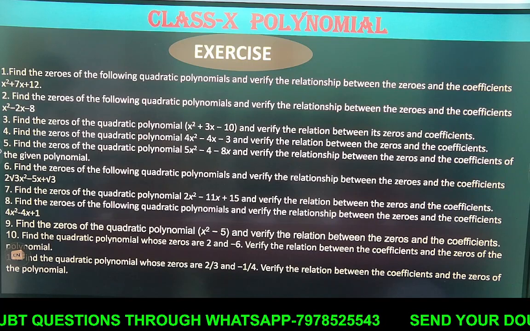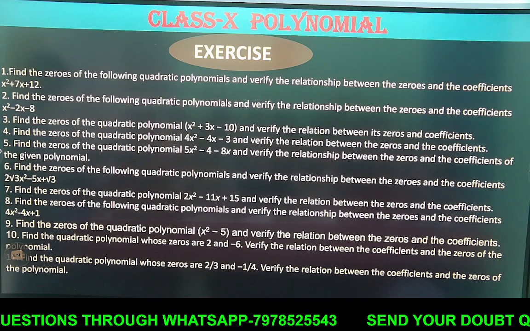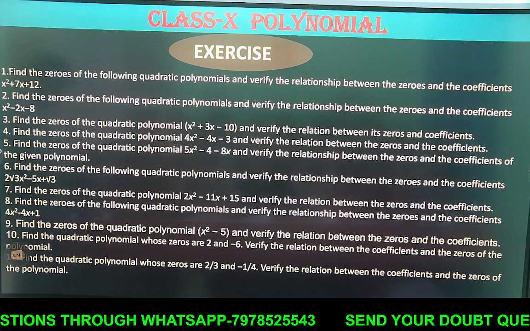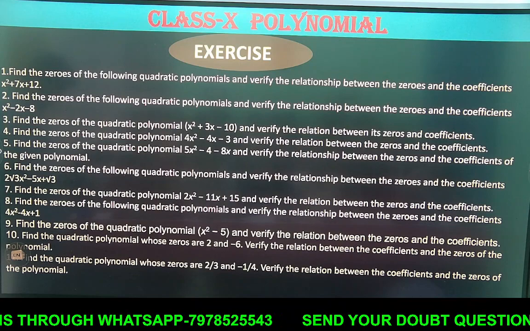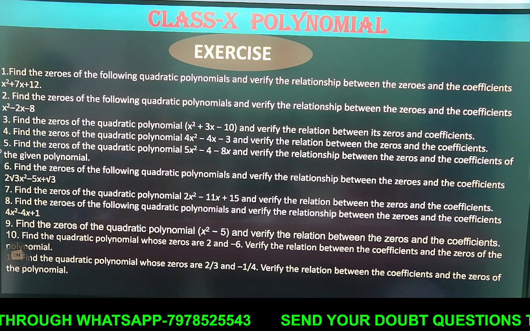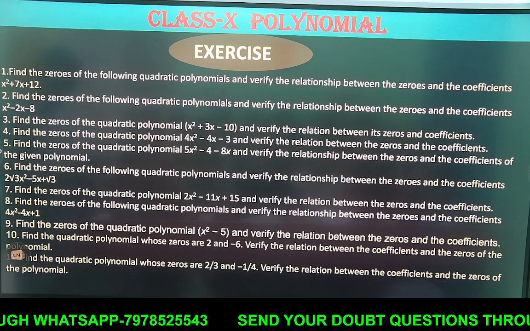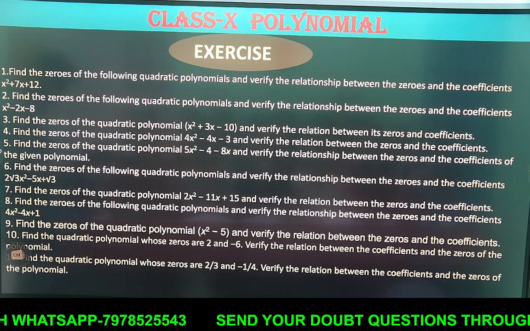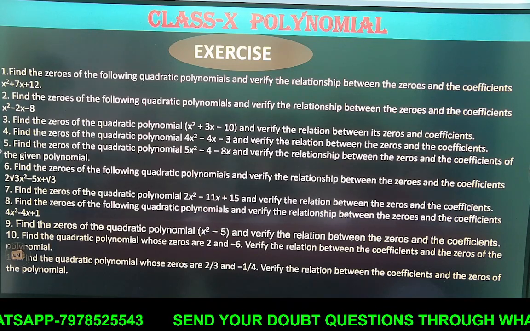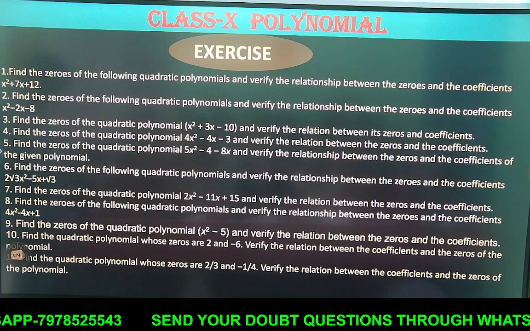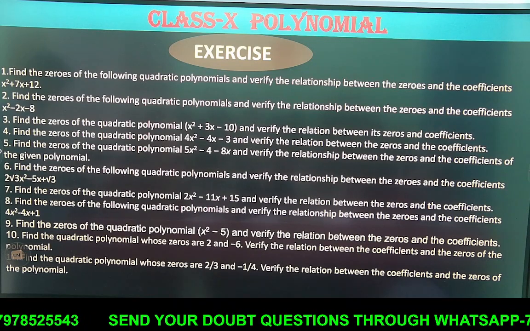RHS is what? Minus 7 by 1. Minus b by a, the b value is 7, so minus 7 is the answer.